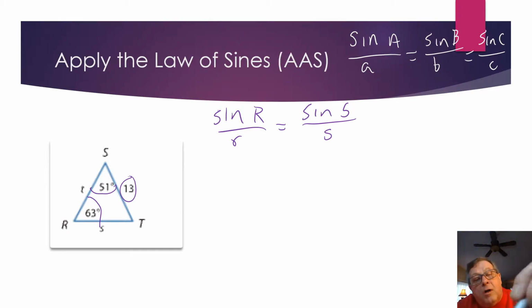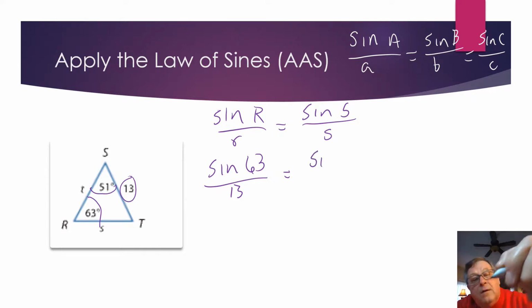We know angle R is 63 degrees, so the sine of 63 over side R, which is 13, is going to equal the sine of 51 degrees over side S, which is what I'm going to use this proportion to find.